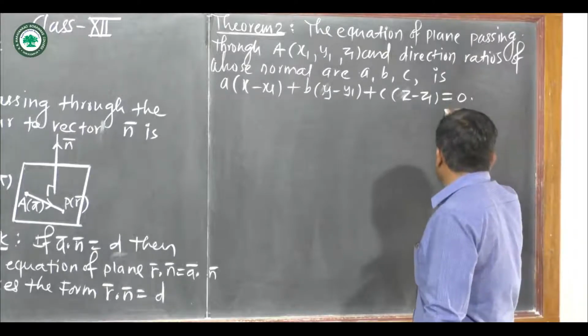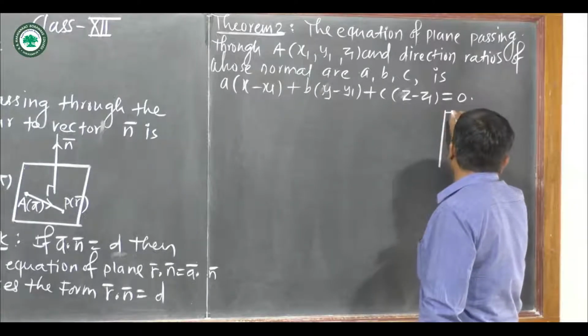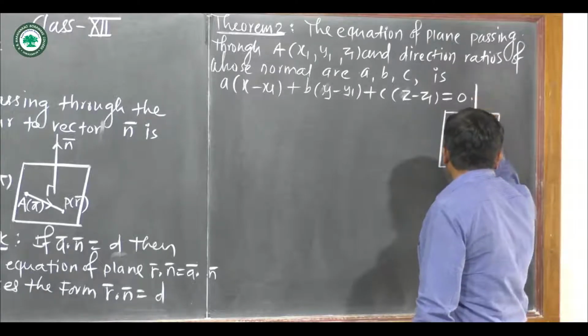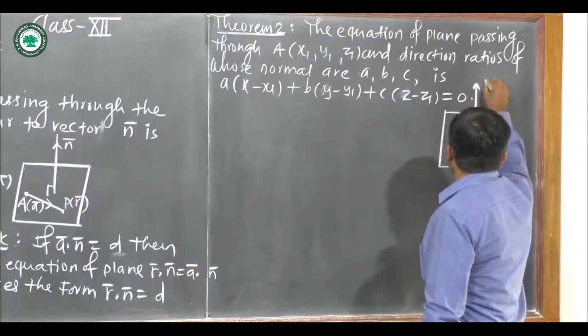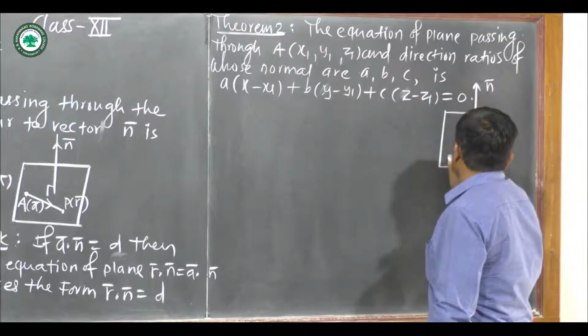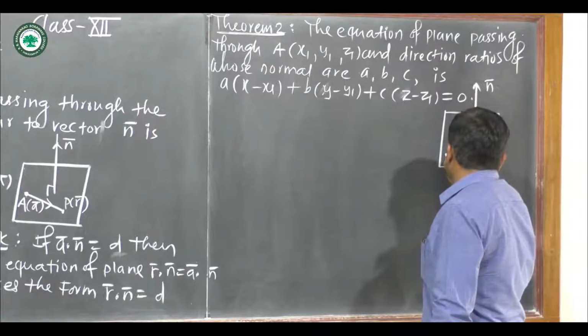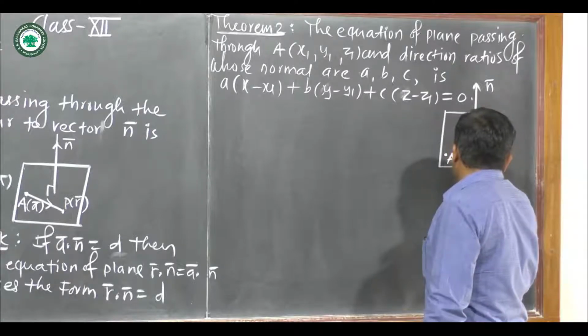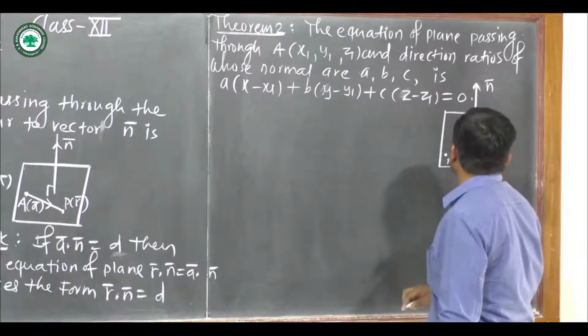So see here, this is the plane and this is the normal n bar which is perpendicular to the plane, and the plane passes through the point A with coordinates x1, y1, z1.